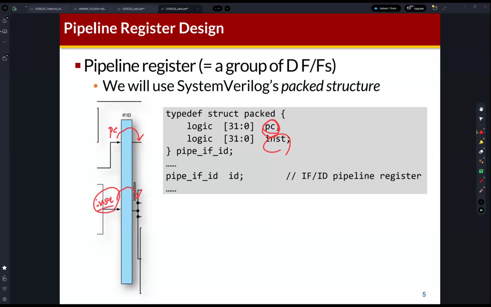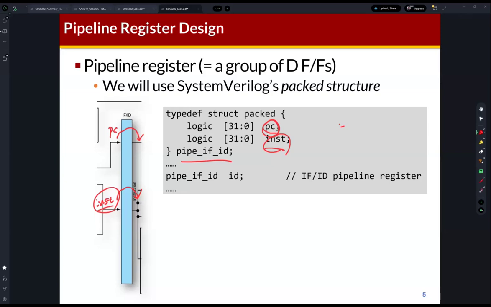That's why the instruction fetch and ID pipeline register includes the two member variables, the PC and instruction. So actually, this is a 64-bit register, but we just split this register into two parts, the PC and instruction, because these signals need to be propagated into the next stage, right?